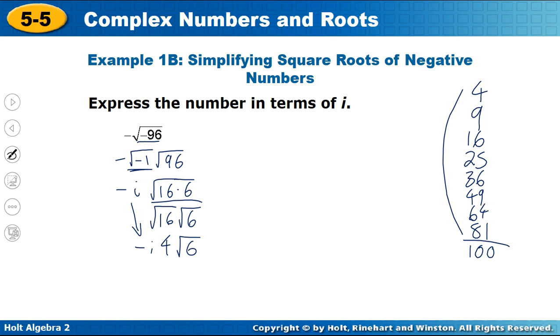So I have negative i times square root of 6, but typically we will write the number in front of i, so it'll really look more like negative 4i square root of 6. Again, that negative stuck around the whole time. Just like you would write 2x, you would never write x2, right?